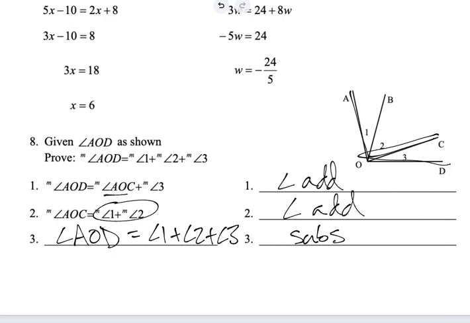Angle addition tells me those two adjacent angles can add up to a bigger one. But you can't do an angle addition that instantly takes you to 1 plus 2 plus 3. You can only add 2 adjacent angles at a time. So I had to ultimately substitute to get my bigger angle addition.